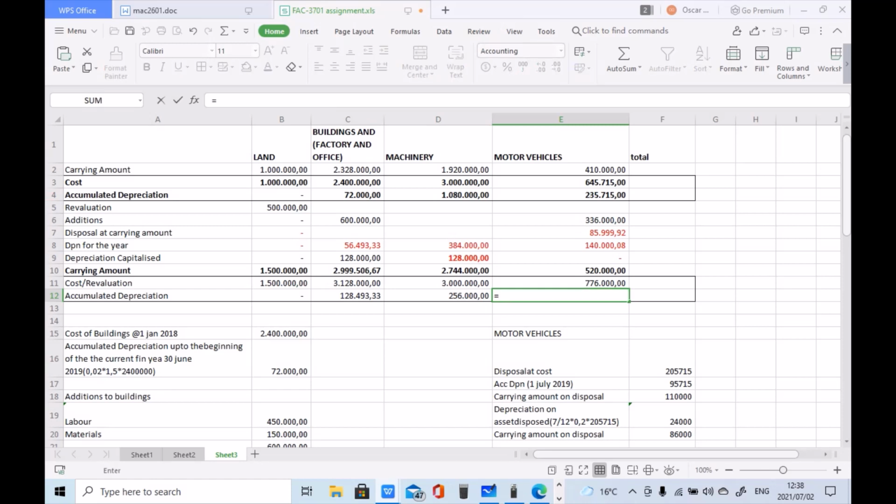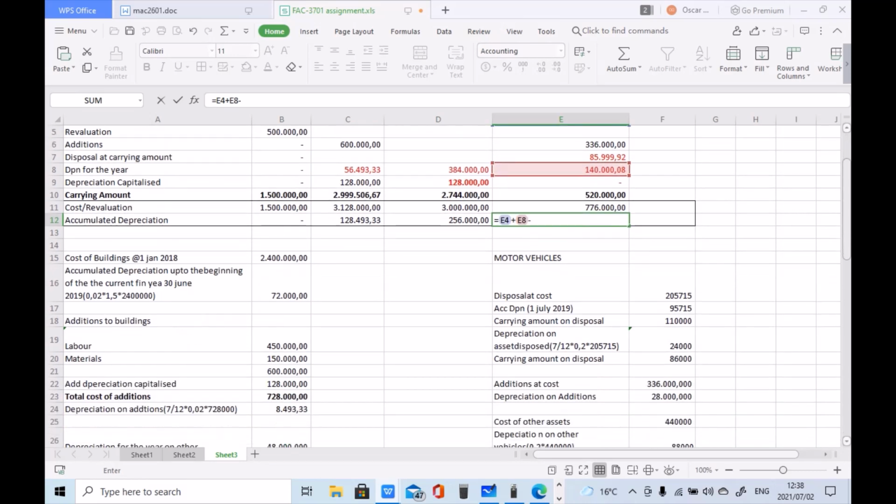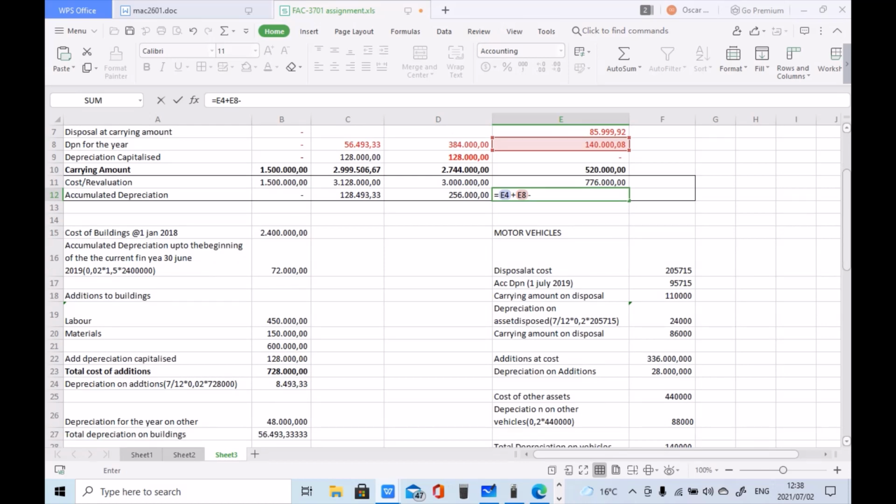Then your accumulated depreciation, that's your accumulated depreciation at the beginning, plus your depreciation for the year, which is 140, minus, of course, you need to remove all the depreciation relating to the asset that you sold.